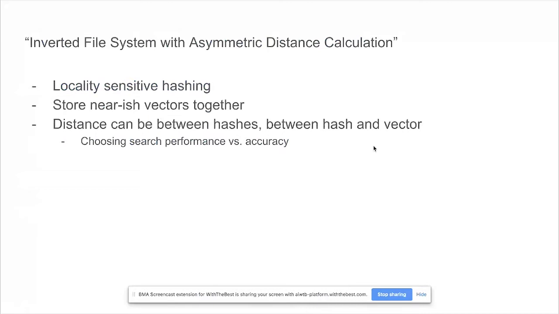And so the trade-off that you're making there is you can be a little bit more accurate in terms of computing distances between these things, because you're not combining all of the vectors, say, maybe into one little cell. On the other hand, some of the cells are going to be a lot bigger than others.